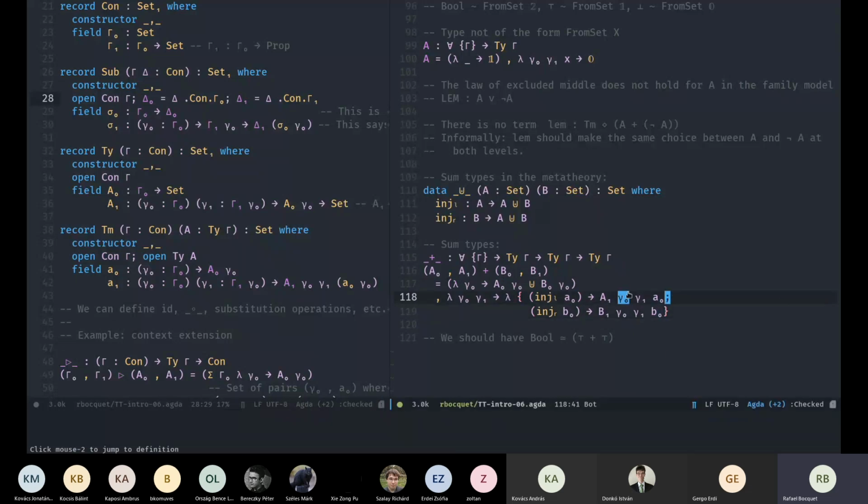And then we say that the family is either A1 or B1, depending on this choice. Okay, so there you can check that we have bool isomorphic to top plus top.